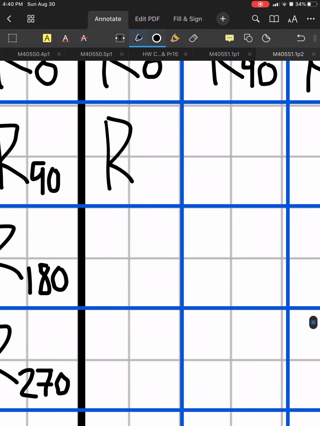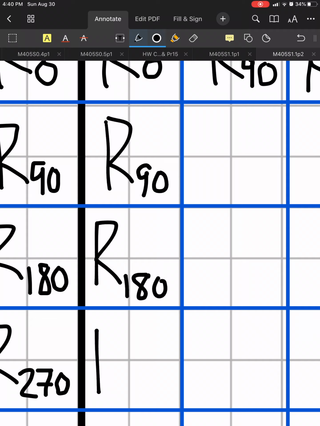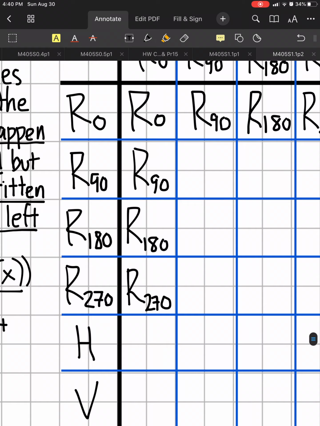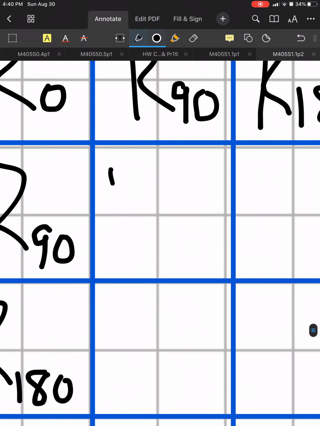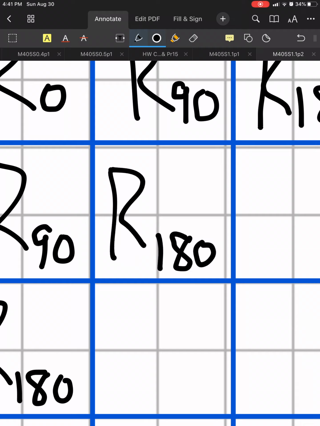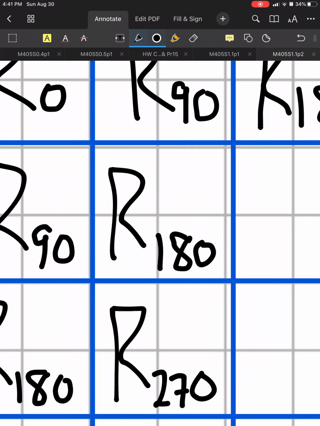This is R90, R180, R270. But if we do 2 rotations in a row, we find out that they add their angles together. So 90 and 90 is 180. 90 and 180, we saw either way was 270.